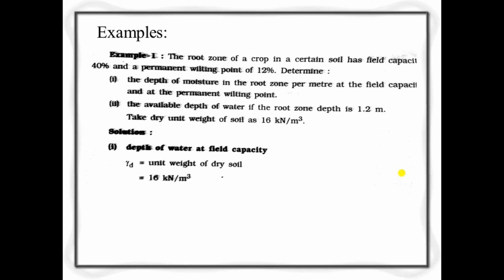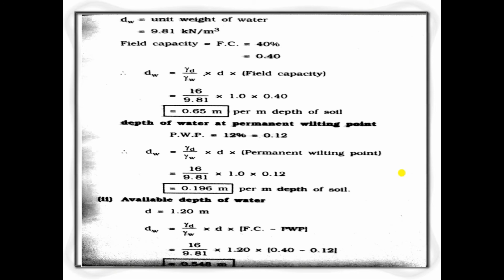First we have to find the depth of water at field capacity. The unit weight of dry soil is 16 kN per meter cube, and the unit weight of water is 9.81 kN per meter cube. Our field capacity is 40%.